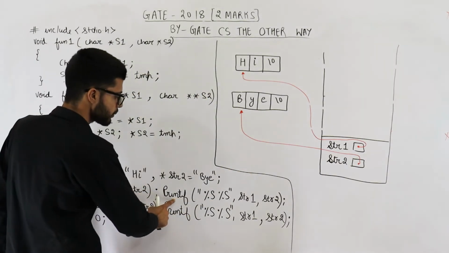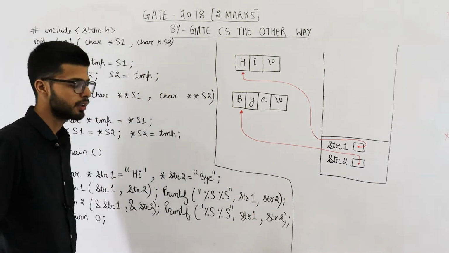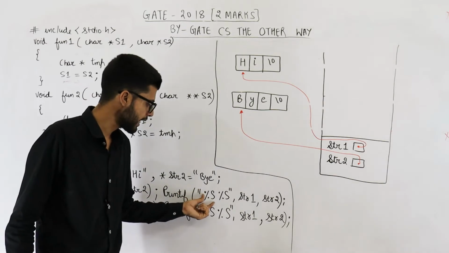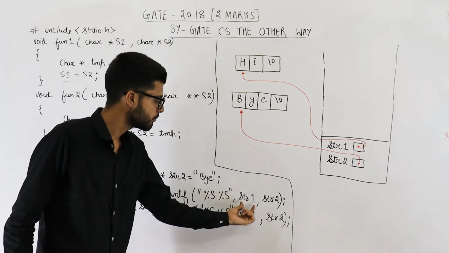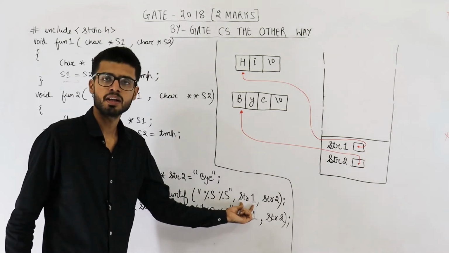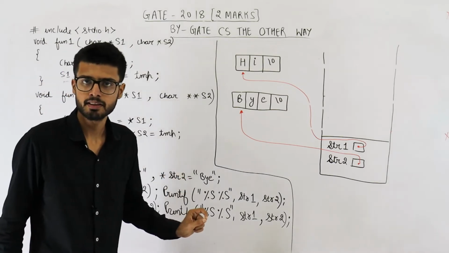Now next line is printf %s str1, str2. Whenever you write %s in printf, it means that you will pass some address here. Okay. And str1 is an address because str1 is of pointer type. Pointers contain addresses.